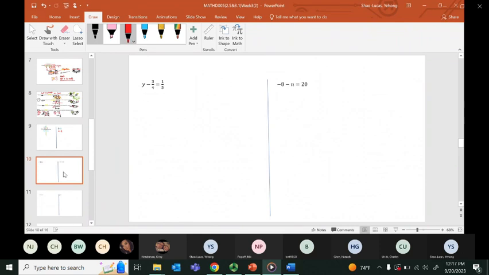Multiply for the first one. Are you sure, Bailey? We want to get rid of this, so y can be by itself, right? If you look at that, what operation do you see there? Yeah, that's a minus, right?